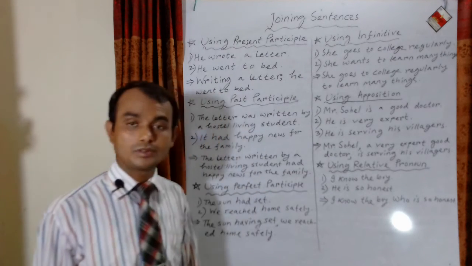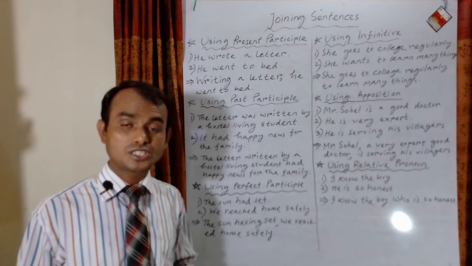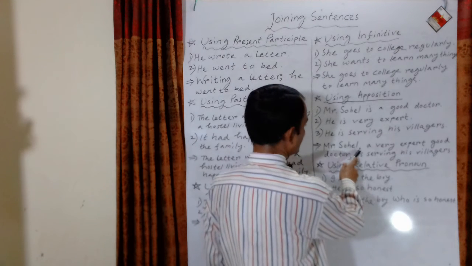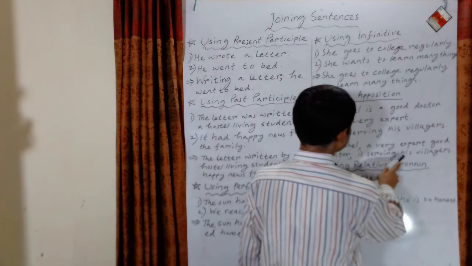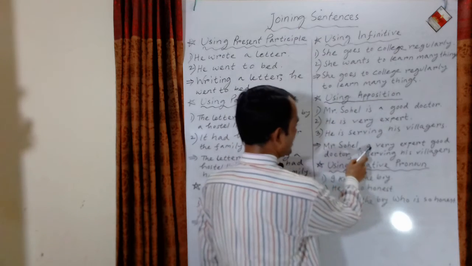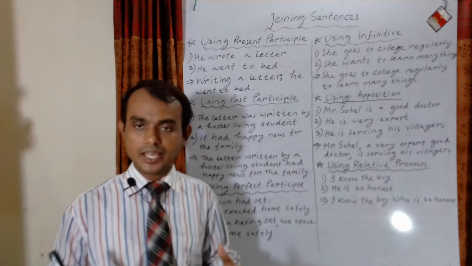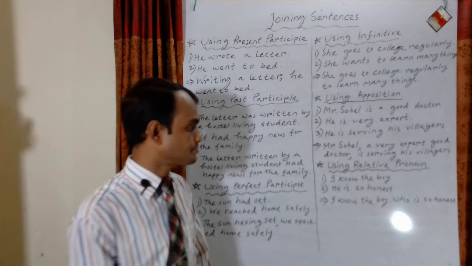I have to follow the apposition. Using apposition, I will make this joint sentence: Mr. Sohail, comma, a very expert good doctor, comma, is serving his villagers. A very expert good doctor is an apposition.